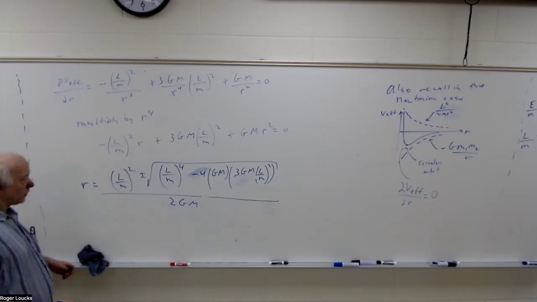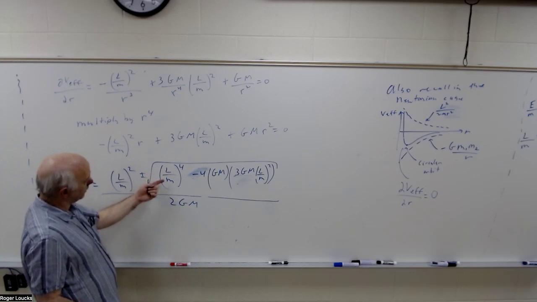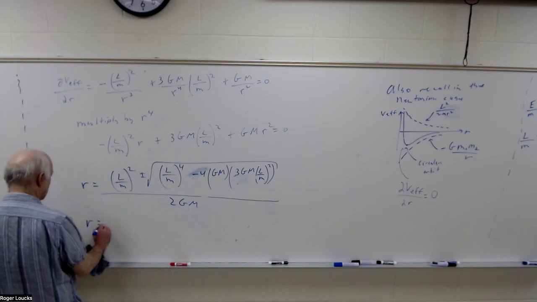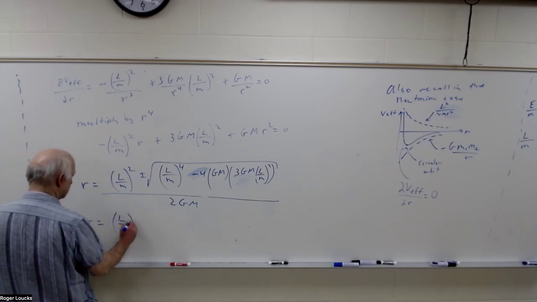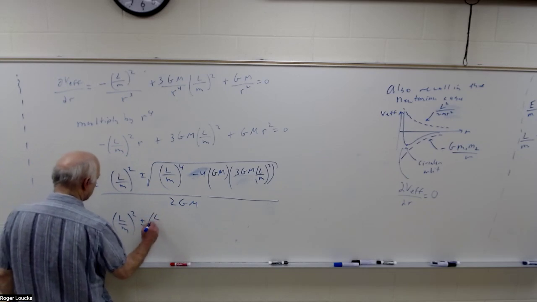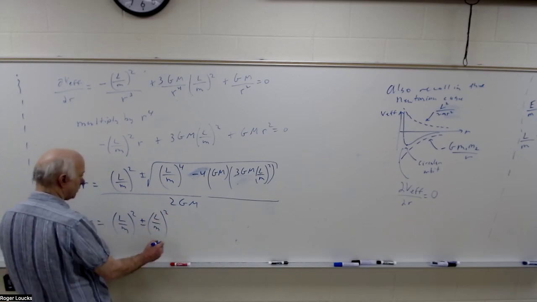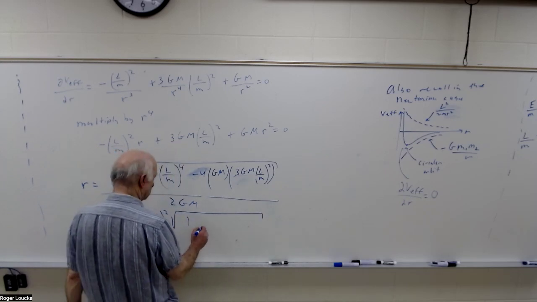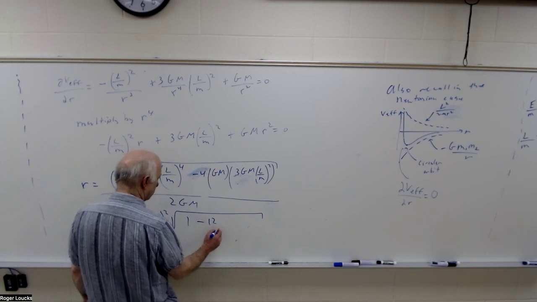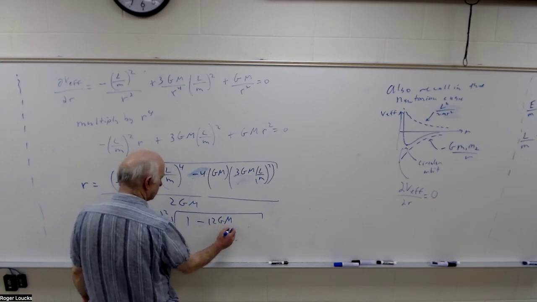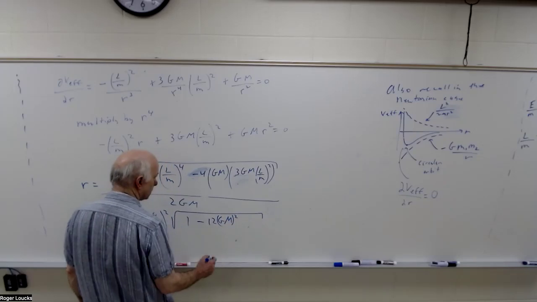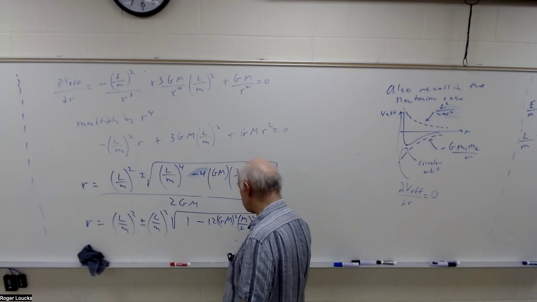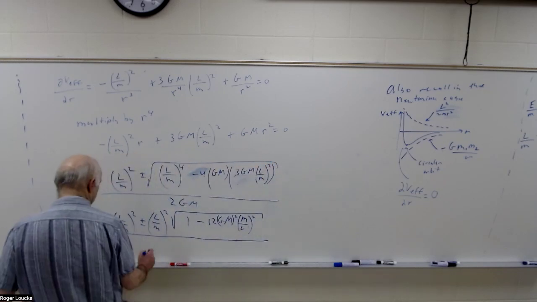Okay. So I'm gonna pull out an L squared over M to the 4th power. If I do that, it's gonna be squared. And so this is gonna be R equals L over M squared plus or minus L over M squared, square root of 1 minus 12 G squared M squared over L squared, all over 2GM.